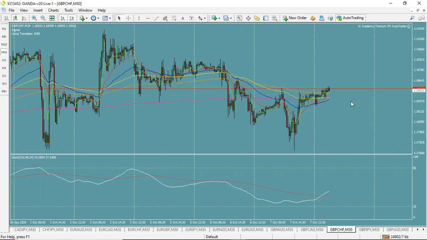Looking at the pound Swiss, this is just not something that I'm interested in right now. Look at the moving averages. They're just kind of out of whack. The 50, the 21, and the 8, they're in order, but they haven't jumped fully over even the 720. They're definitely below the 200 and the 100, just kind of fighting with that right now. It's just consolidating. I think maybe we break out here to the upside.